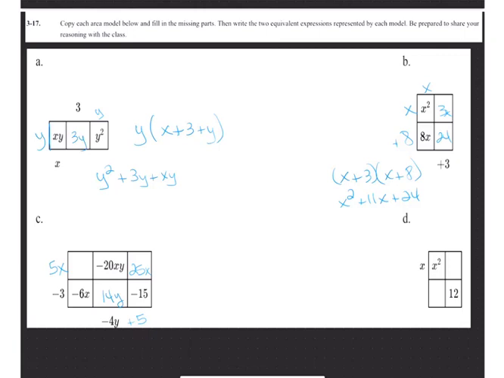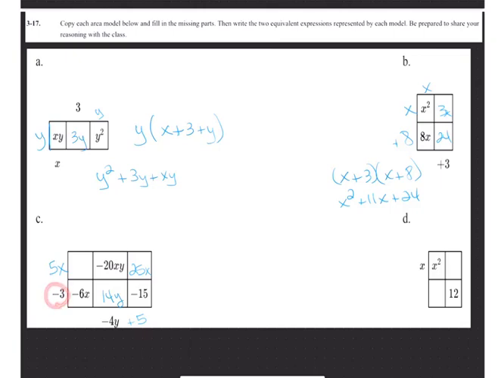So now let's go back to our first box. To figure out our first box, what's this times this? Well, I know this side is 5x, right? But this length, oh wait, I don't know that length yet. But I wonder if this guy could help me out.